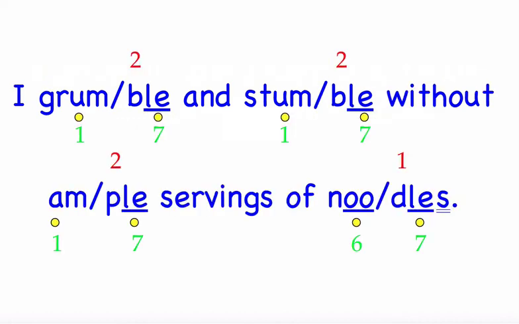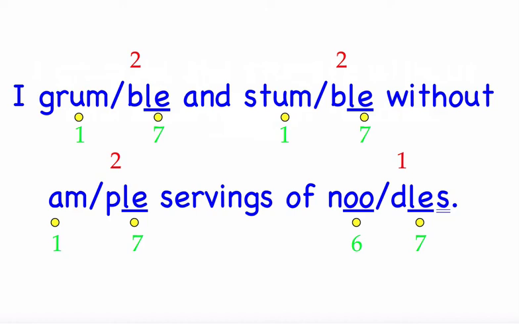Noodles. I grumble and stumble without ample servings of noodles. And mark the words. I grumble and stumble without ample servings of noodles. Notice the S at the end of the word noodles is representing its second sound, so we double underline it.